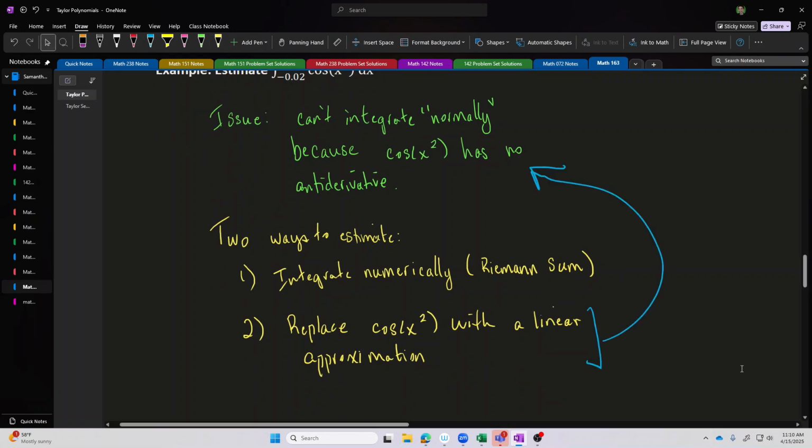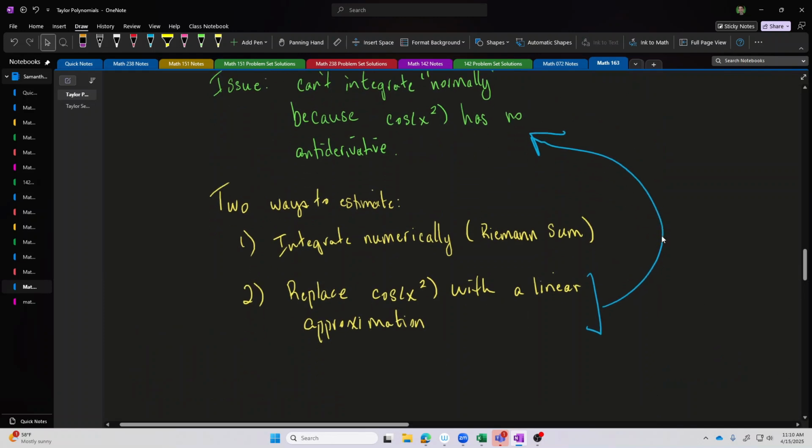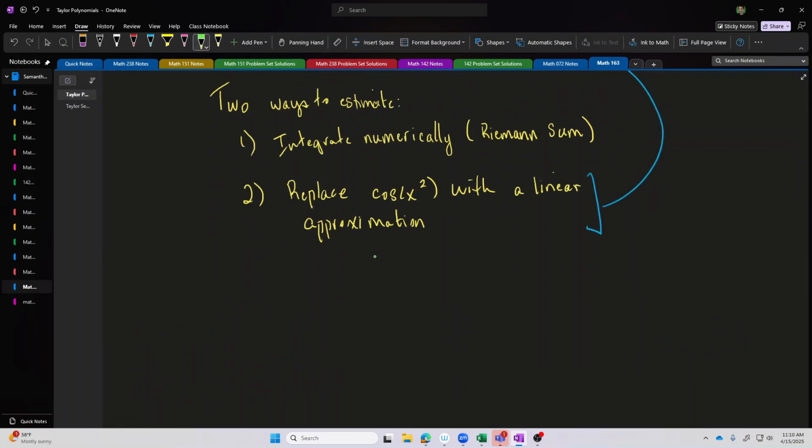If we replace cosine of x squared with a linear approximation, then we will be able to integrate that linear approximation normally. So I'm going to go forward with option number 2, just because that's what this lesson is all about. And I'm going to go ahead and calculate a linear approximation for cosine of x squared.